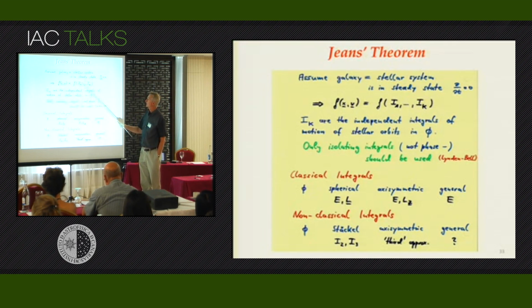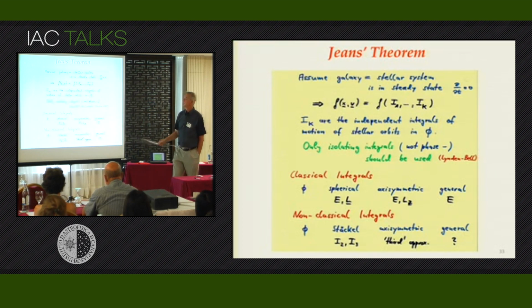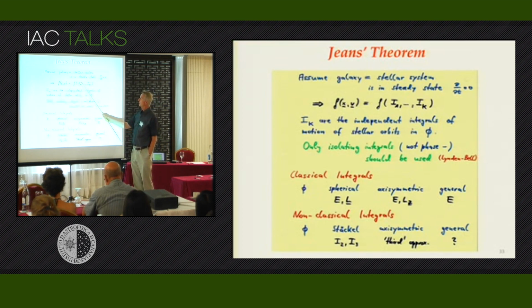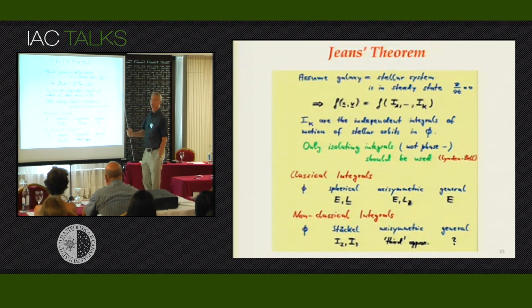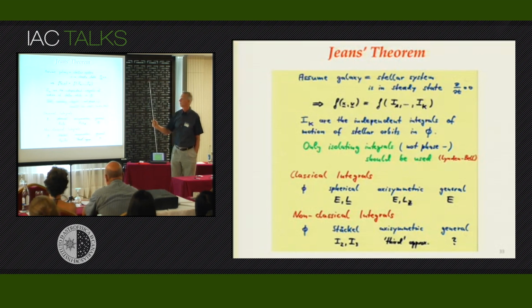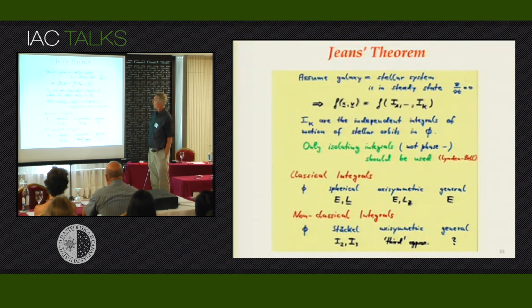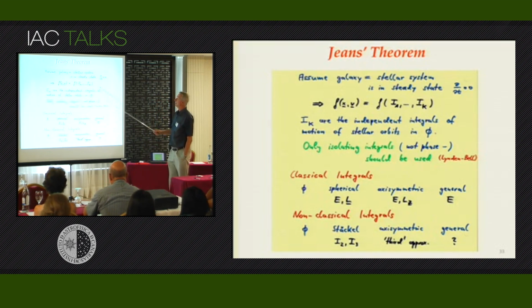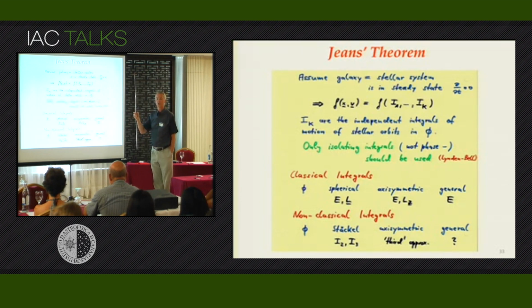And so if we're looking for a stationary solution to the Boltzmann equation, then the distribution function must depend on other quantities that are time independent, and that's the integrals of motion. So if the galaxy is in a steady state, ∂f/∂t equals 0, then Jeans' theorem says that the distribution function depends on the isolating integrals of motion and on the independent integrals of motion.